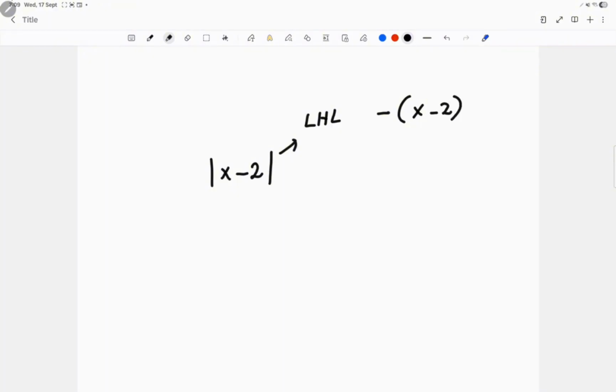And if I say right hand limit, that means you just copy paste it. But in the exam, they're not going to say find the left hand limit or right hand limit. They will say find the limit as x approaches 2 to the power of negative. If it says to the power of negative, that's the left hand limit. And if they say to the power of positive, that's the right hand limit.